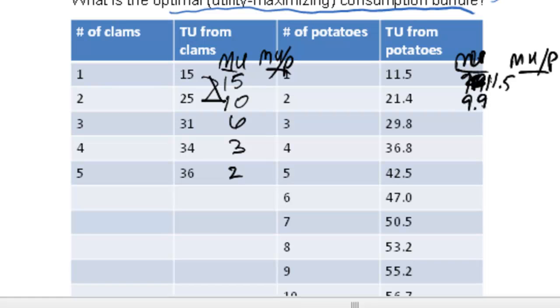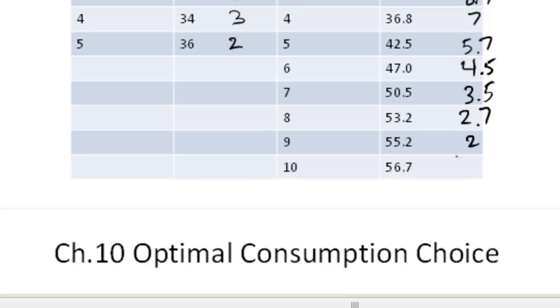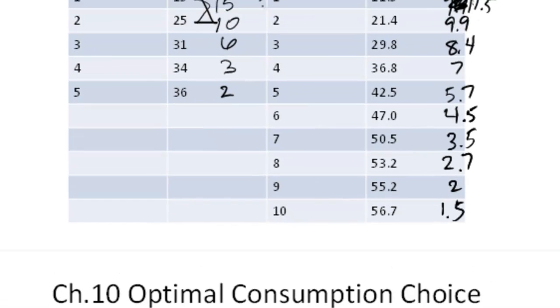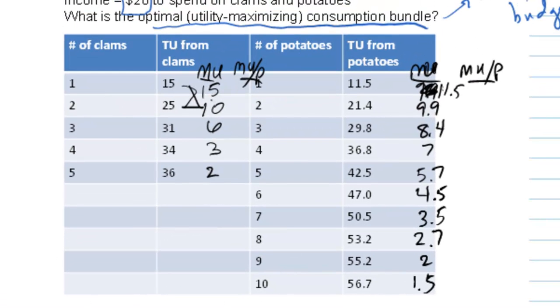Next, 9.9, 8.4, 7, 5.7, 4.5, 3.5, 2.7, 2, and 1.5.